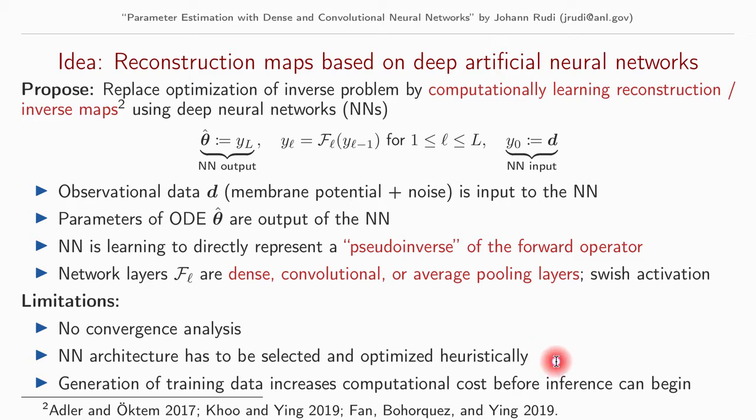These are usually done heuristically. And another aspect is the generation of training data, which can be costly if this involves many simulations. However, it's necessary in order for this type of inference to be able to begin at all. Because without training data, obviously, you cannot train a neural network.